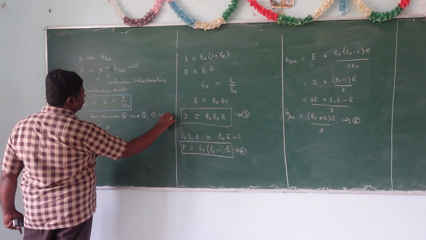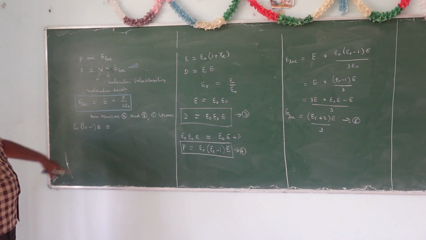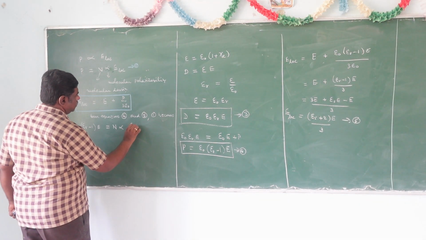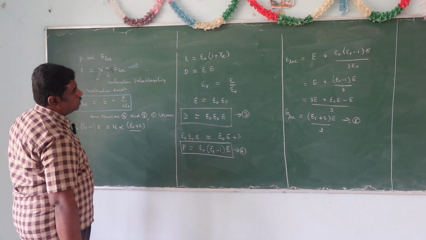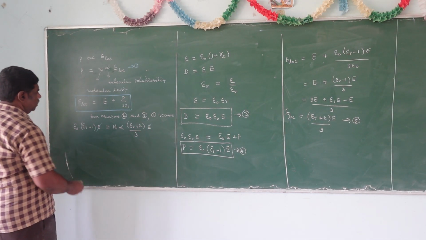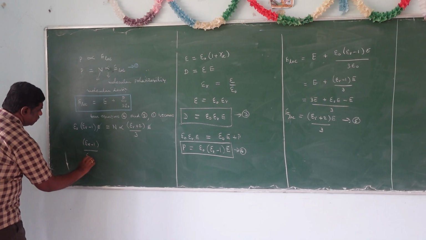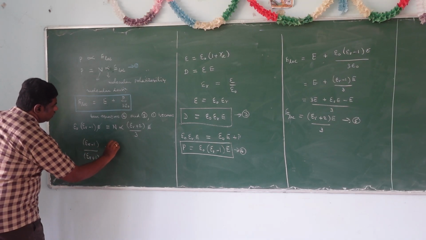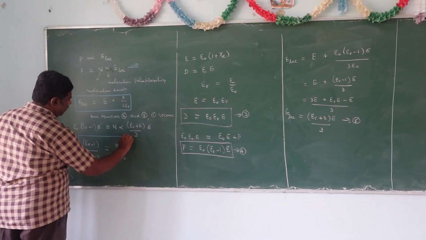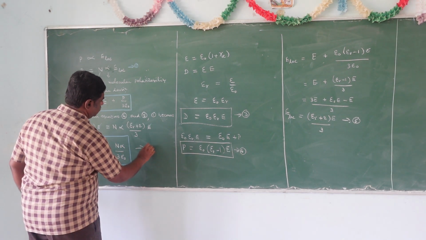Equation 1 becomes: the value of P is epsilon naught into (epsilon r minus 1) into E, equal to n into alpha, then E local is (epsilon r plus 2) whole divided by 3 into E. Now, remove E on both sides. We can write (epsilon r minus 1) divided by (epsilon r plus 2), which is equal to n alpha divided by 3 epsilon naught. This is our Clausius Mossotti relation. This is equation number 6.